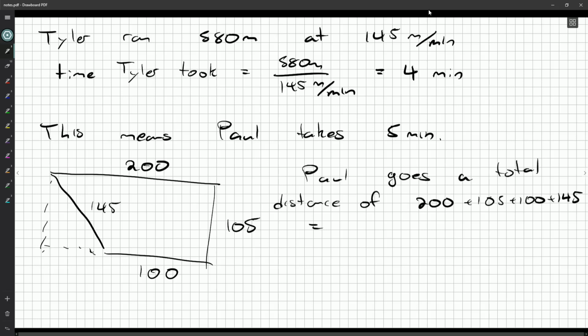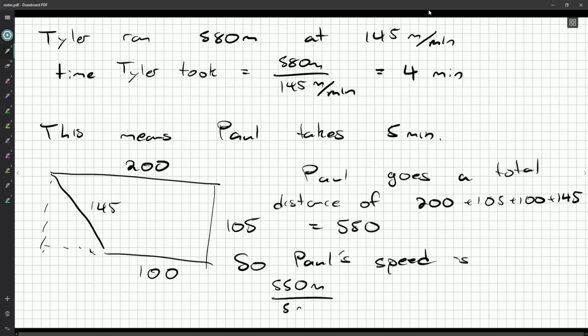And that's 300, 400, 550. So Paul's speed is 550 meters over 5 minutes. And that's going to be 110 meters per minute. So that's our final answer.